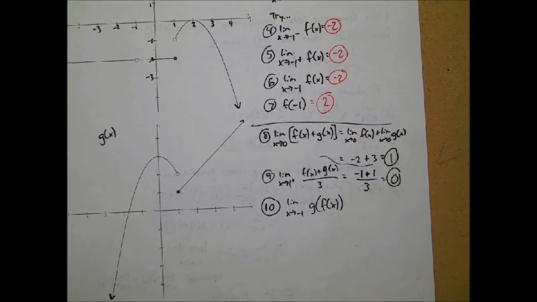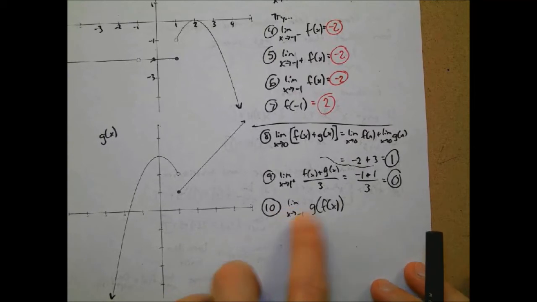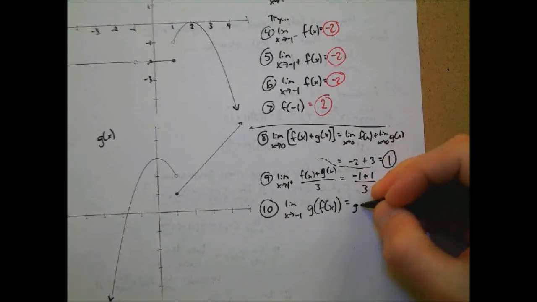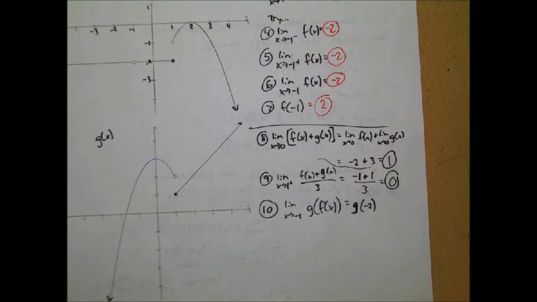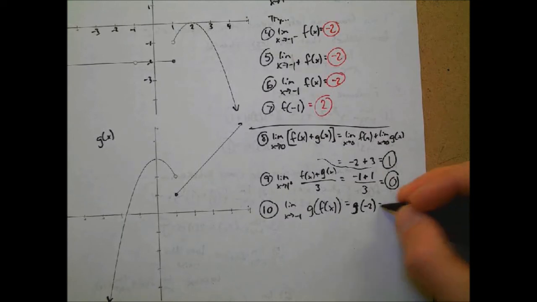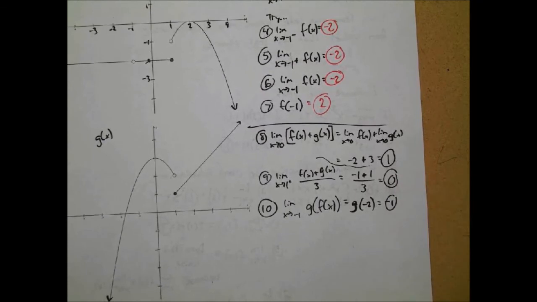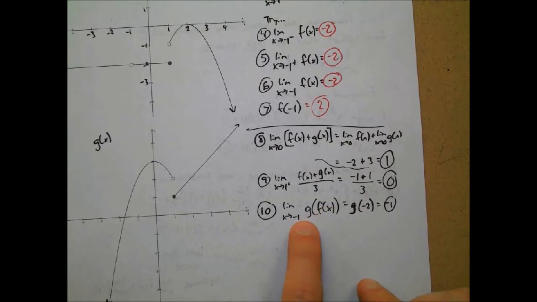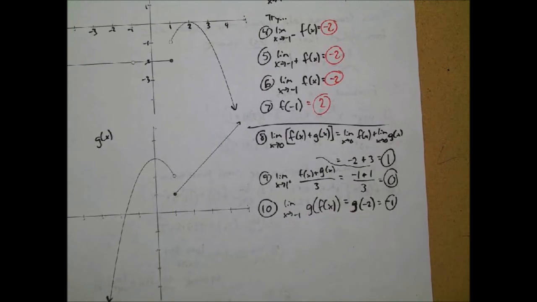What's the limit as x approaches -1 of f? It's -2. So this is essentially equal to g of -2. What's g of -2? It's like -1. I know it is not quite as clear there, but I'd say -1. So we just evaluated the limit as x approaches -1 for f, found that value, and then just did g of that value. All right. Questions on any of that?